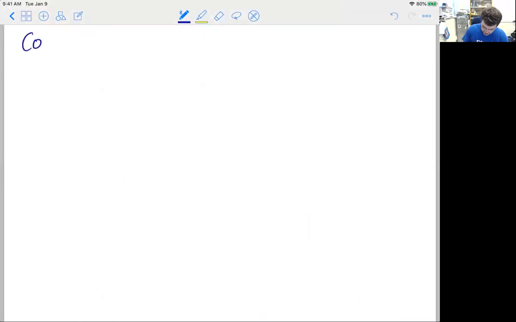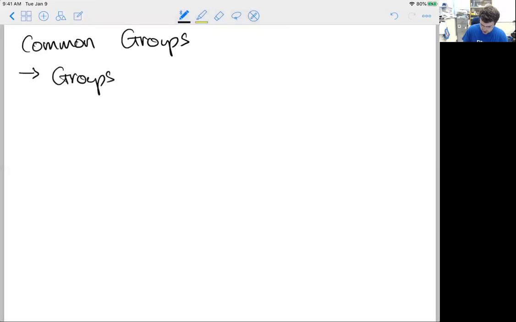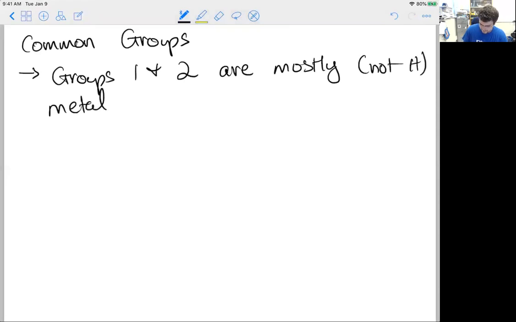So looking at some common groups, what I want us to recognize is that groups 1 and 2 are mostly, and really by mostly, I'm just saying not H, metals. Okay, these things are metals.